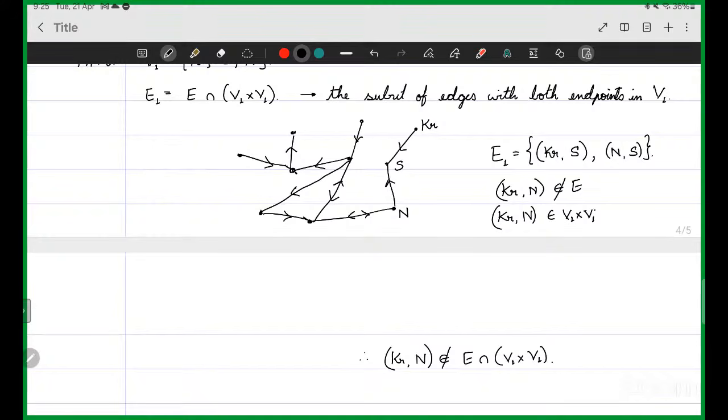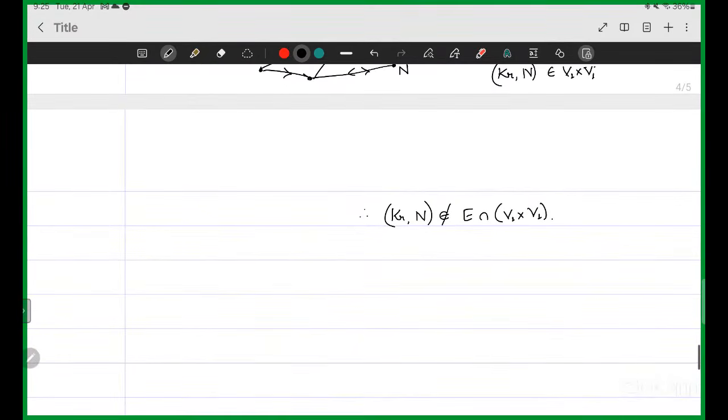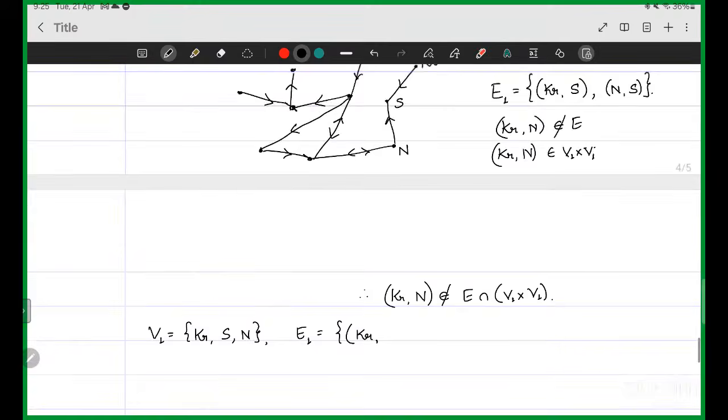So you're taking the intersection of 2 sets. That set is exactly the set of edges for which both endpoints are in the given vertex set. So now you know V1 is KR, S, N, and E1, instead of that set theoretic description, you have an explicit description: KR S and N S, was it? Yeah.